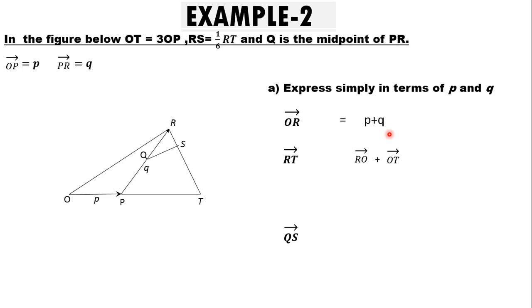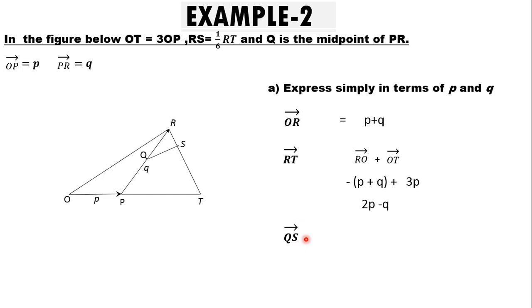So we have to take the negative of OR, which is going to be minus P minus Q over here. Now consider the OT vector, which is given over here. OT is equal to 3 times OP, and OP is equal to P. So it means that OT is going to be 3 times P. If you simplify them, you are going to get this answer, 2P minus Q.